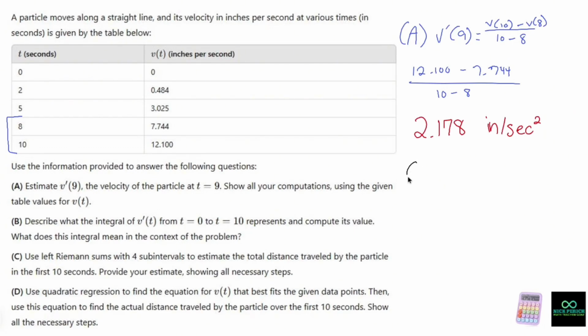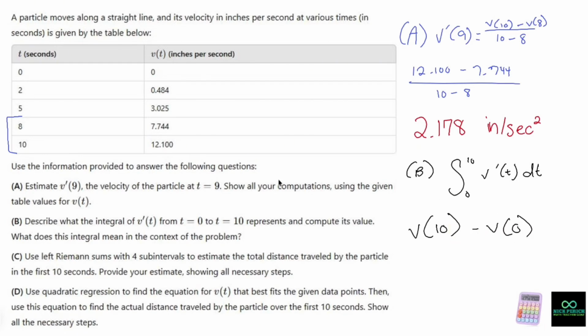The integral between 0 and 10 of V prime of t dt. Normally we would say that would just be capital V of 10 minus capital V of 0. But if we're taking the integral of the derivative, we kind of go back to square one, which in this case is regular V of t. So this is going to end up being V of 10 minus V of 0.